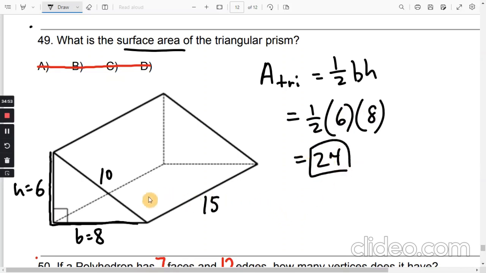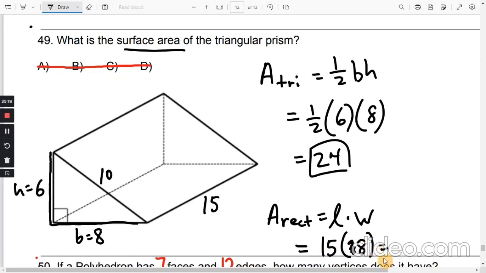All right, now we have this rectangle on the bottom. And that's going to be length times width, or base times height, same thing. So that's just 15 times 8. Whoops, I wrote 18. 15 times 8, that's going to be 80 plus 40, that's 120. All right.